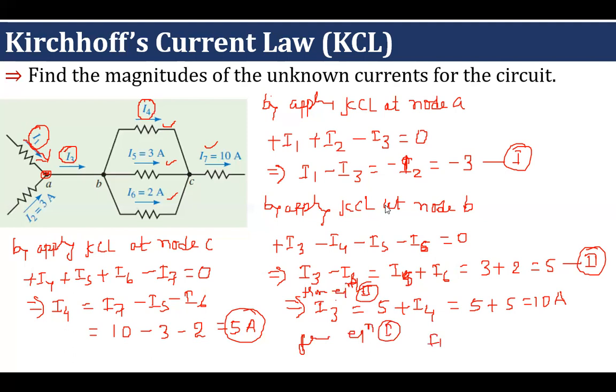This I1 minus I3 equal to minus 3 implies I1 equal to minus 3 plus I3, and I3 value is equal to 10. So this is going to be equal to plus 7 ampere. So all three values we got.